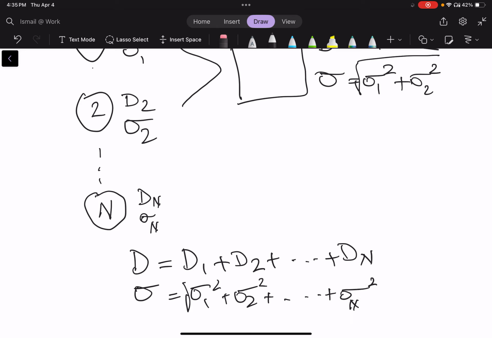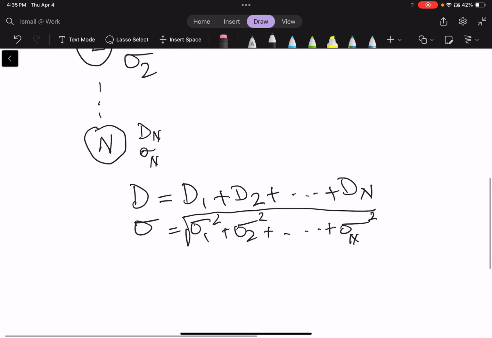Squares mean variance, and then take the square root of that number. That way I can find the new standard deviation and new average or expected demand.